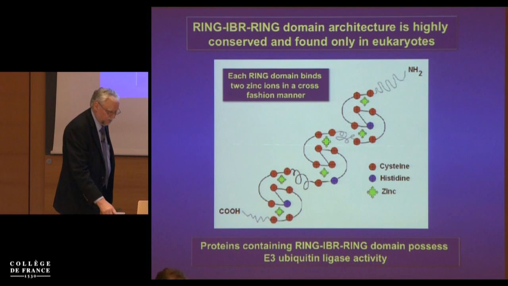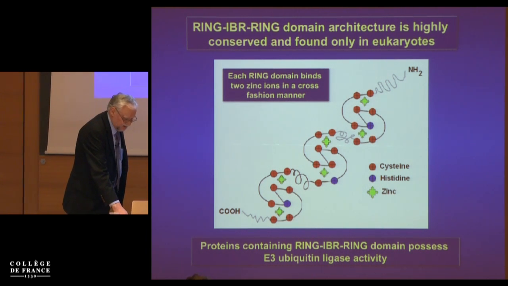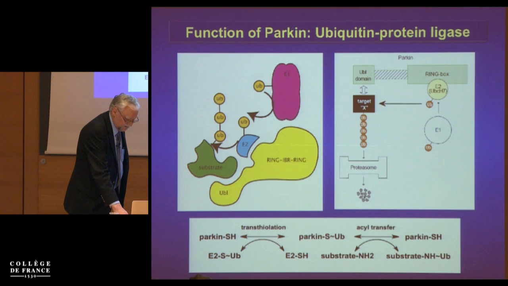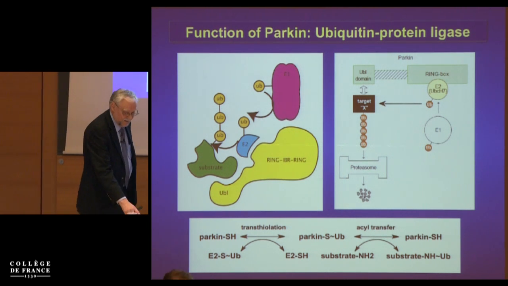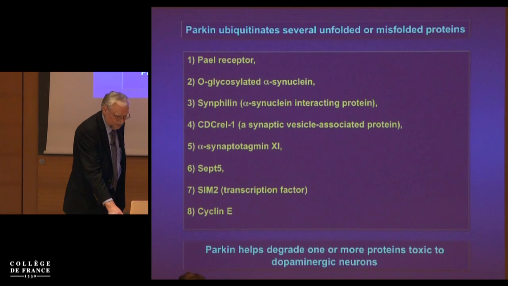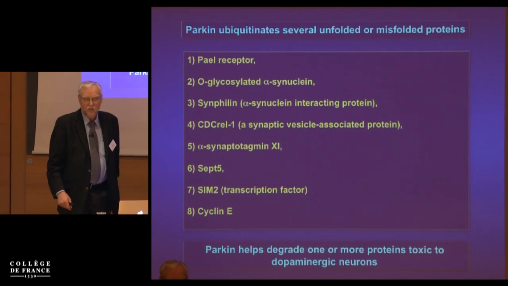Again, this is textbook material. The function of Parkin is involving removal of modified proteins, and again the ubiquitin protein ligase taking things to the proteasome here. And these are examples of damaged proteins, particularly in dopamine neurons.